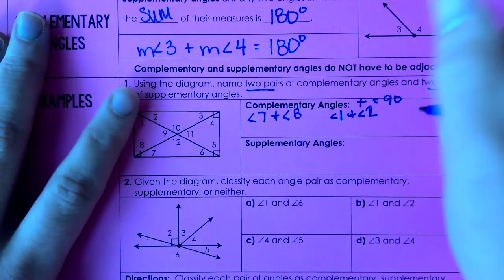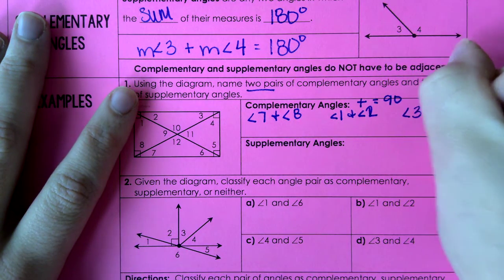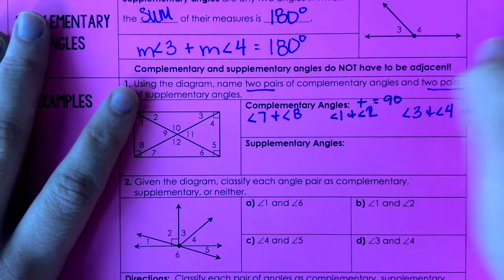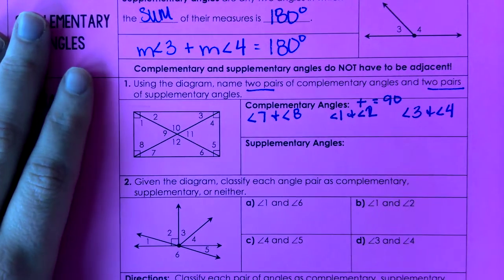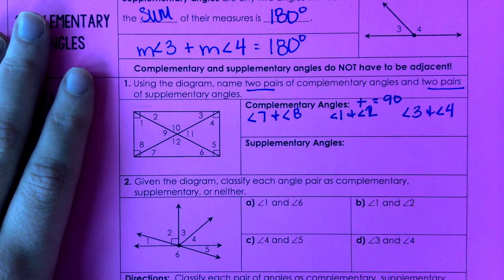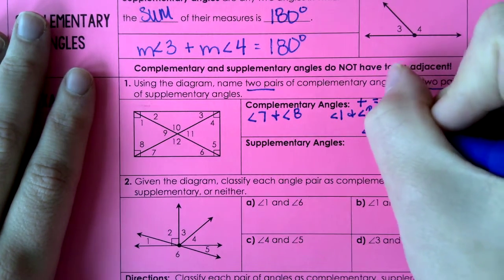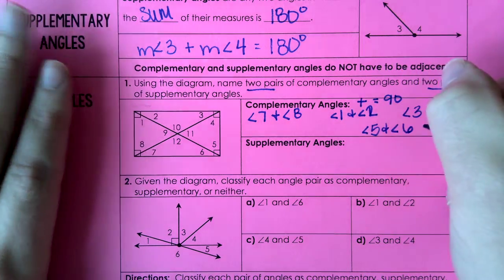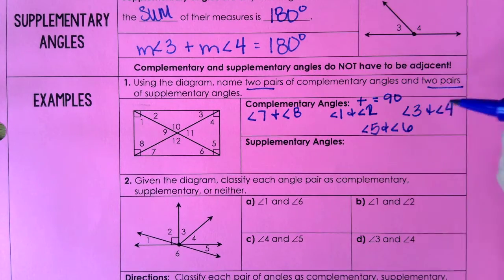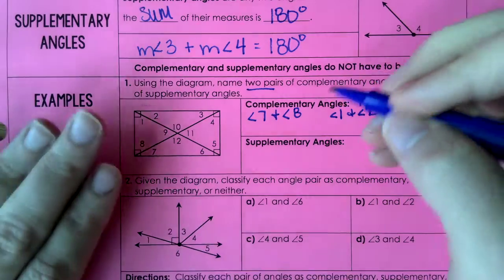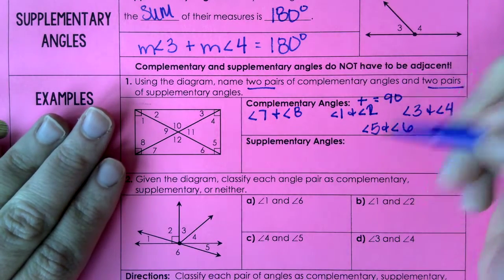Angle 3 and angle 4. Okay, who has the last pair of complementary angles? Thank you, Hannah. Angle 5 and angle 6. We only need to name two of them, but this is all four for this specific diagram.